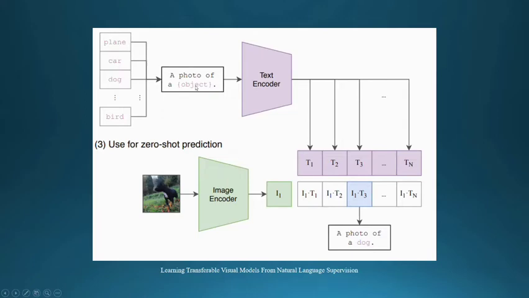They created descriptions like "a photo of a dog", "a photo of a car", and then do embedding and feed them to the text encoder, and then created the representations here. And this was new in their model.